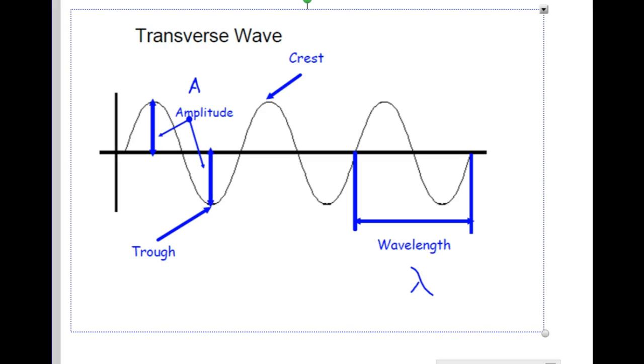Or you can do one trough to one trough, as long as you take the same starting point and same finishing point, for example here and here. This is also representative of one cycle. So you start here, you go up to this amplitude, you go down to the other side, and you return to your rest position. One cycle.